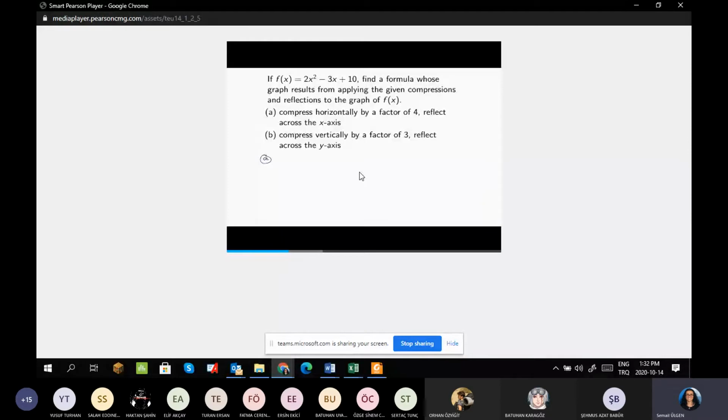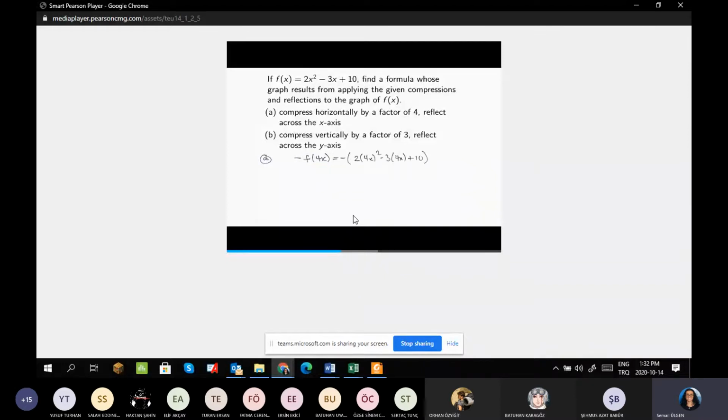So we're going to have f of 4x because of the compression. And then a reflection across the x-axis comes by multiplying by negative 1 after evaluating the function formula. So to accomplish both, we need the opposite of f of 4x. That's going to be the opposite of what we get when we plug 4x into the formula for f wherever we see the variable.